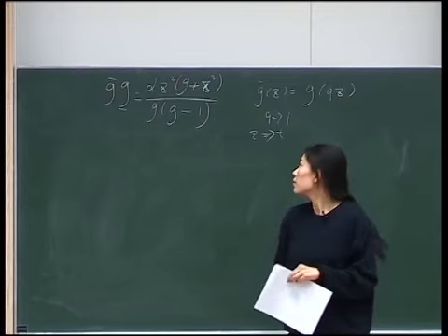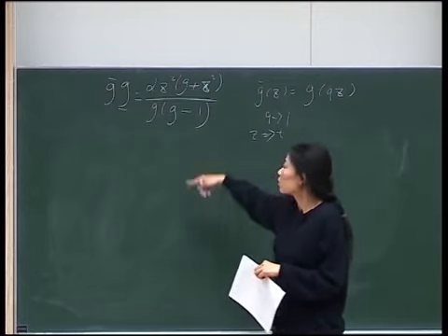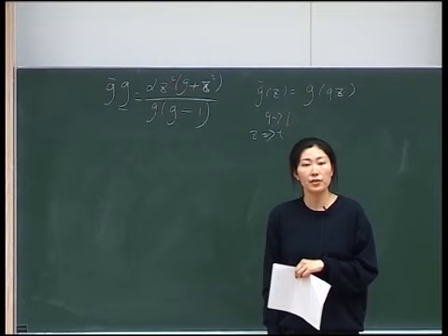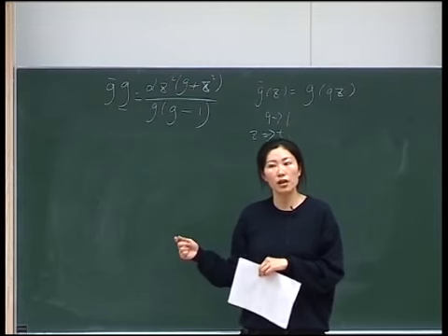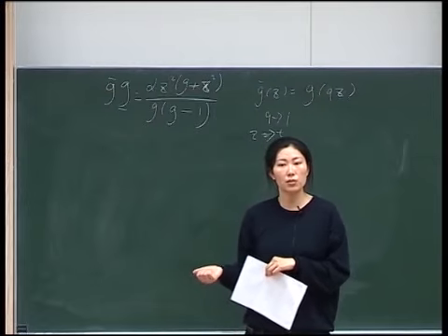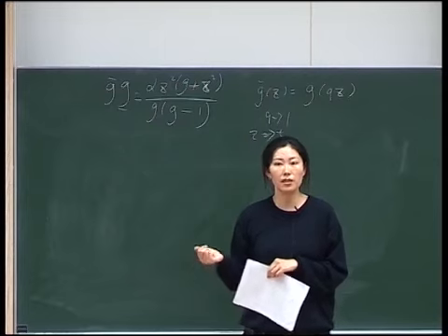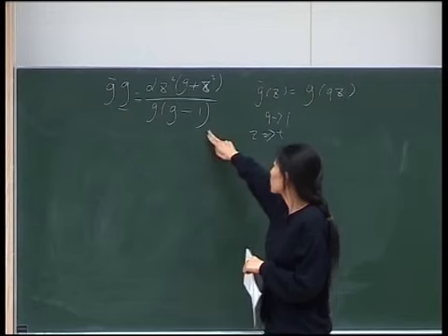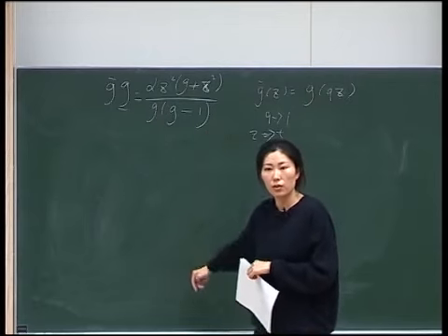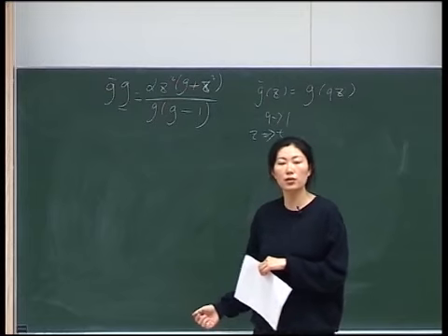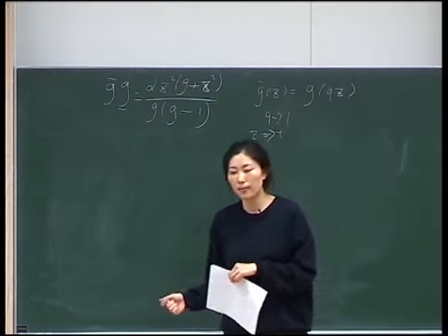He found this by performing a similarity reduction on q-mKdV. So it's the same as the continuous case. P2 was derived from similarity reduction for mKdV and its Lax pair. And here we have qP2 and also its q-linear problem from the similarity reduction of q-mKdV.